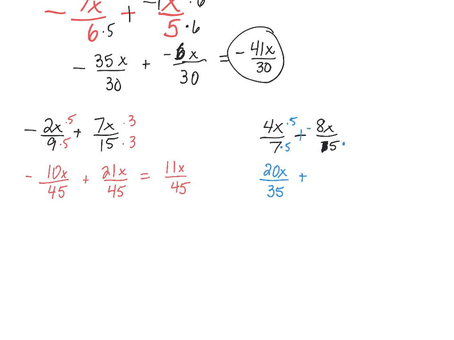So I'm going to multiply this by 7, that by 7, and we get negative 56x/35. So when we subtract them, we get 56 minus 20 is 36x/35, and it's got to be negative. And are we going to make that into a mixed number? No. That is your final answer.